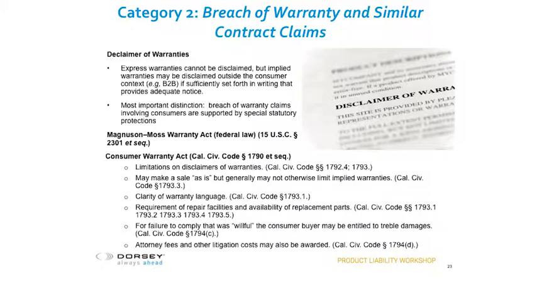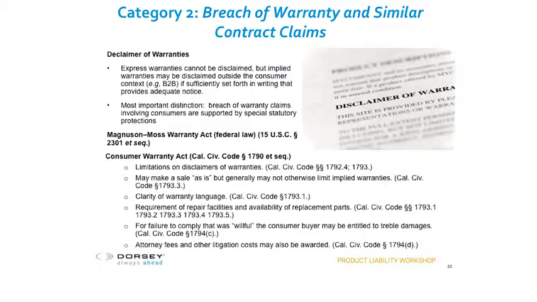I've listed a number of statutory provisions, again in California, that talk about the clarity of the warranty language, and about the need for having replacement parts and repair facilities available. In addition to imposing all these substantive requirements on a consumer contract in the warranty area, they also have significant remedies if there's been a willful failure of the warranty by the seller.